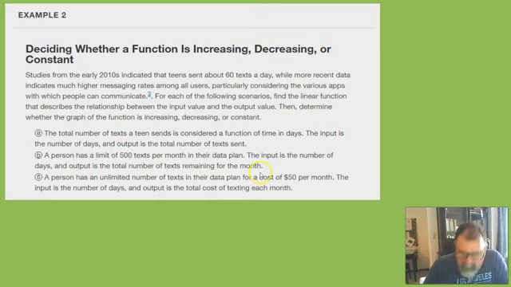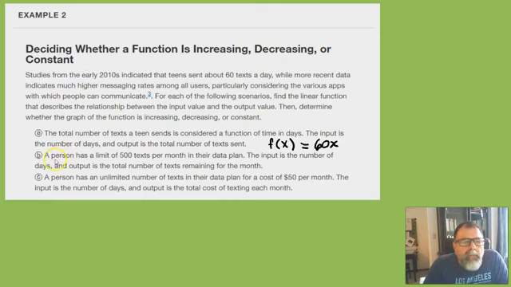So we're going to do our function of x. x is going to be the time in days, and y is going to be the total number of texts. So if we do 60 texts per day, it'd be 60x. And then that function would be increasing, right, because that's a positive 60.